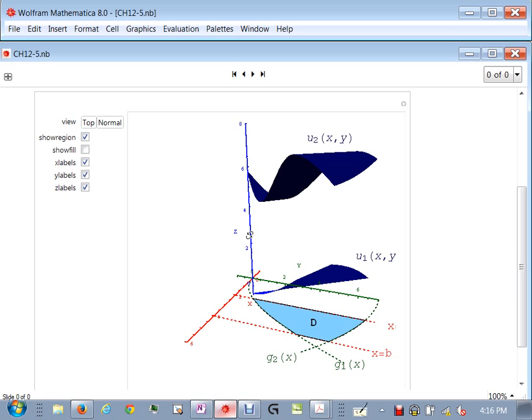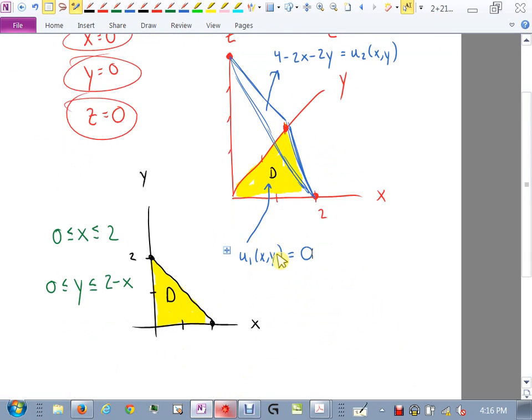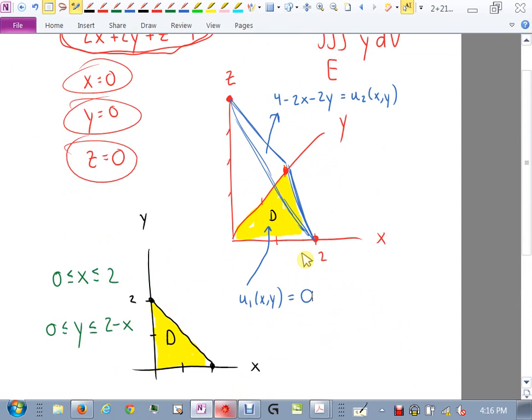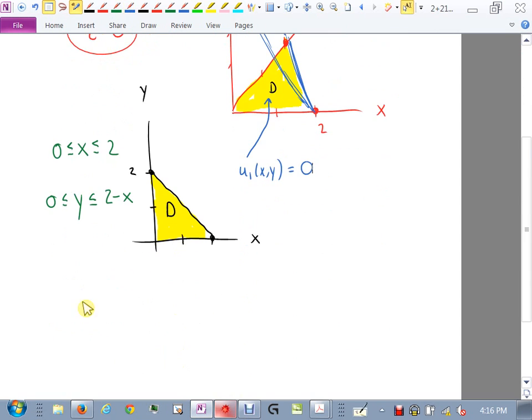For us, it was just a triangle, but this is the generalization of everything. So that means my z is between 0 and 4 minus 2x minus 2y.